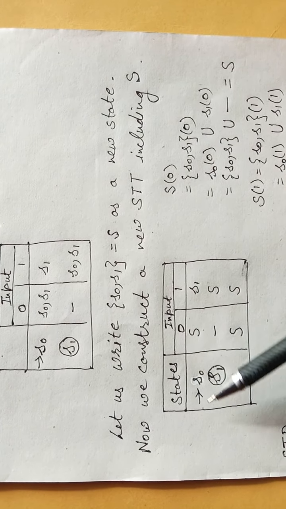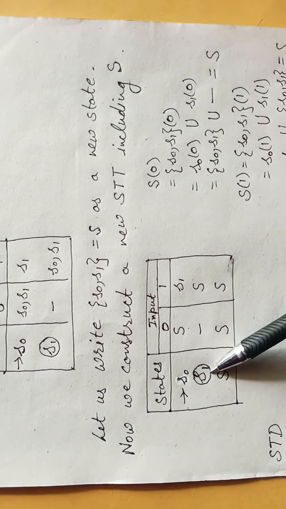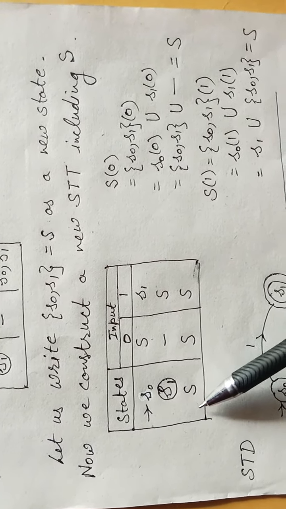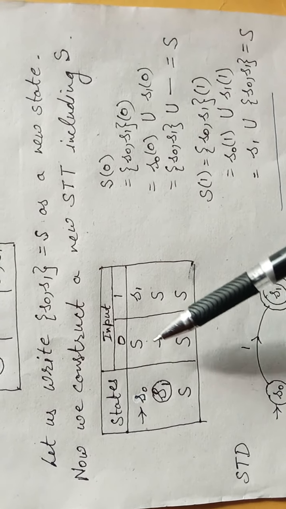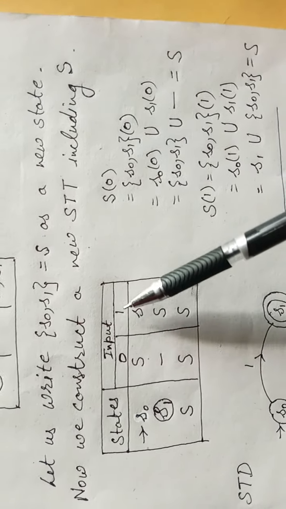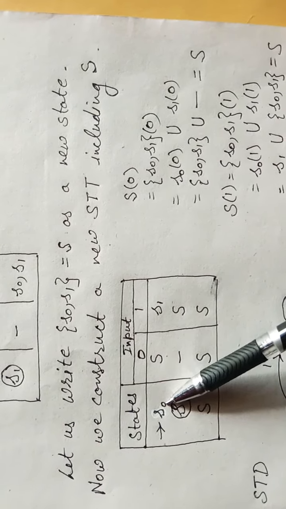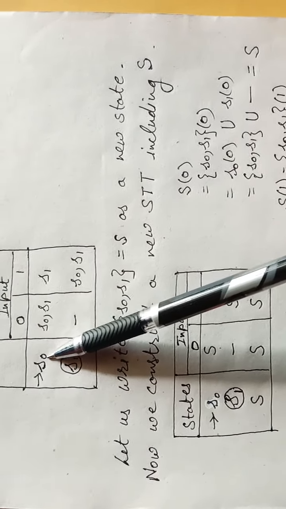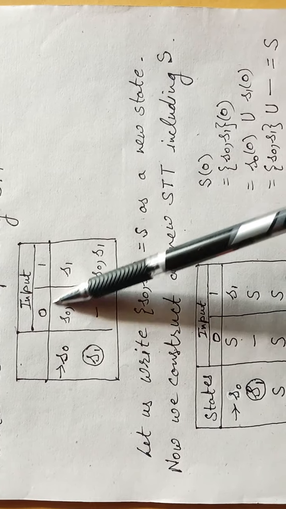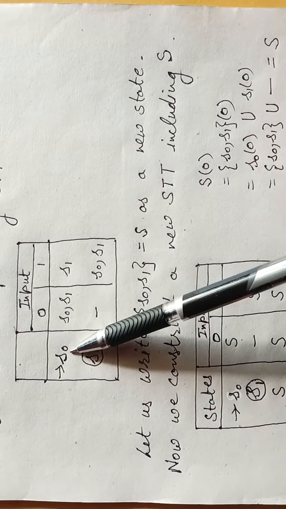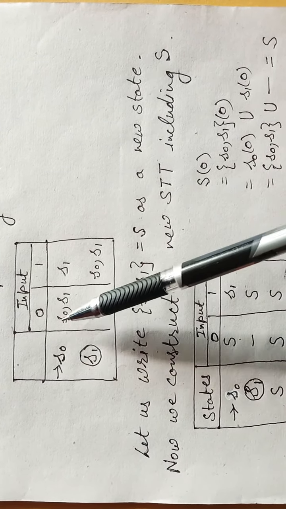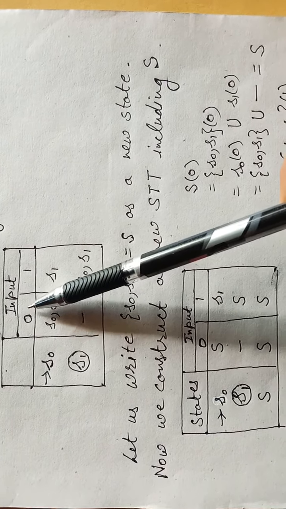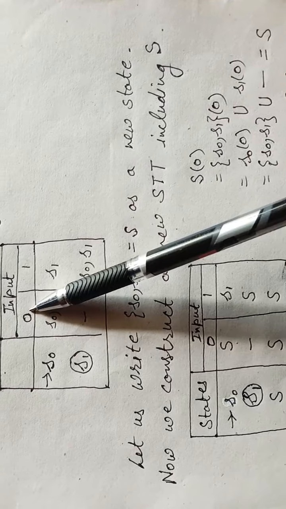So S0 is the initial state, S1 is the final state, and capital S is the new state. So using input 0, S0 moves to S0 S1, and this is capital S. So we can say S0 to capital S is a transition with 0 input.